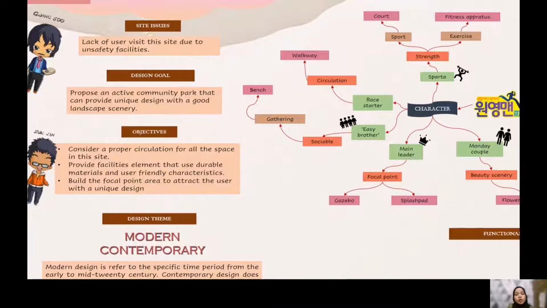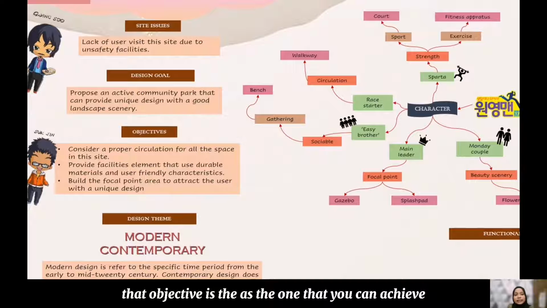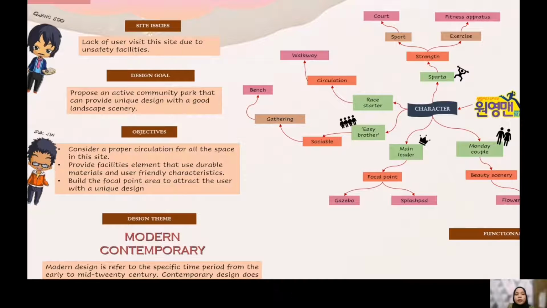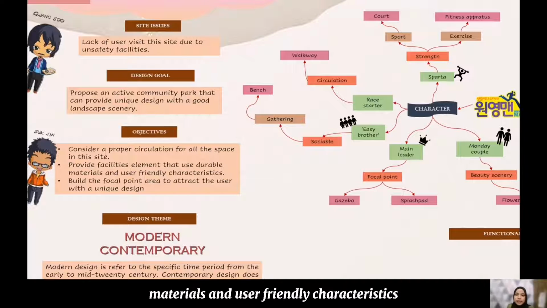So the objectives that can be achieved based on the design goal are to consider a proper circulation for all the spaces in this site, provide facility elements that use durable materials and user-friendly characteristics, and build a focal point area to attract users with a unique design.